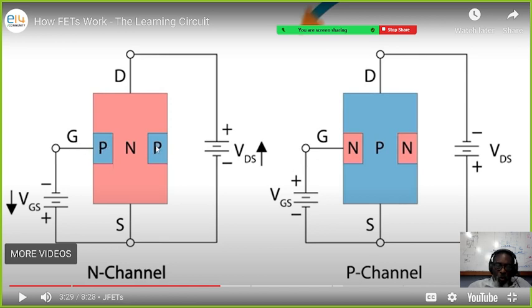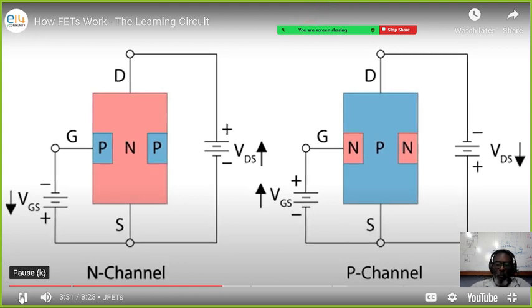It's like a pipe, and it does close off the whole thing. This P type can grow as well and push the N straight across, and cut off the whole thing, or it can bring it in as well. Gate source voltage has to be higher relative to the drain source voltage, rather than lower.